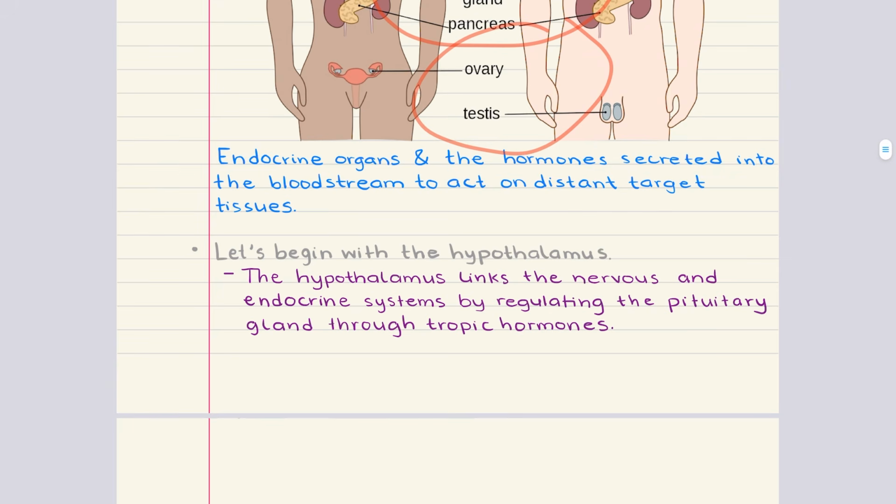This plays a central role in regulating the entire endocrine system. The hypothalamus links the nervous system to the endocrine system by regulating the pituitary gland through the release of tropic hormones. Remember, tropic hormones are those that act on other endocrine glands to stimulate hormone release.